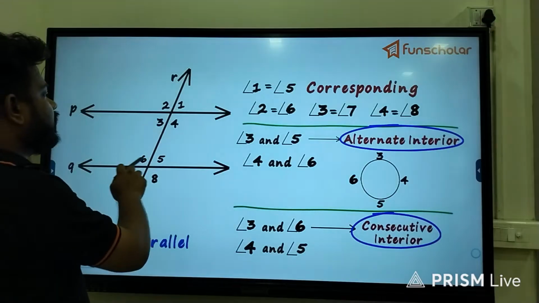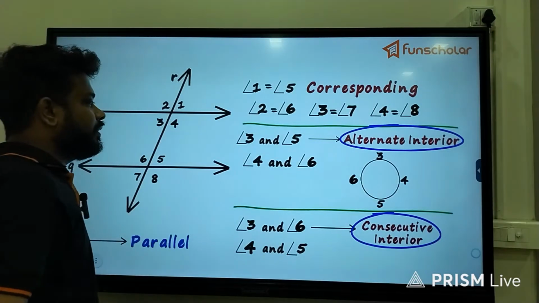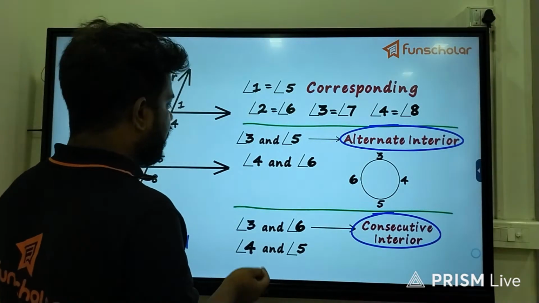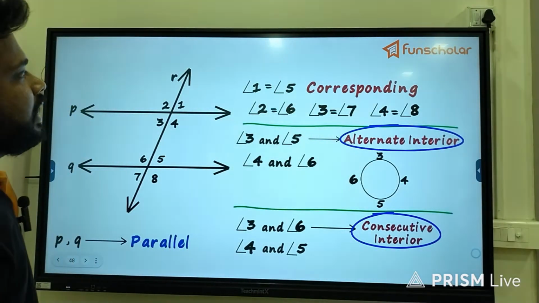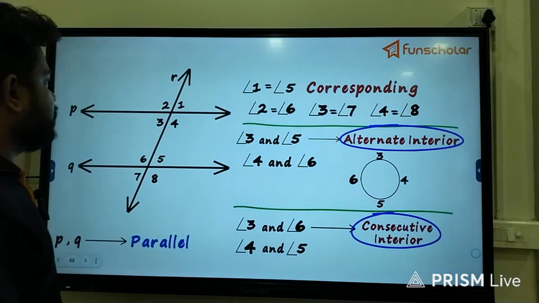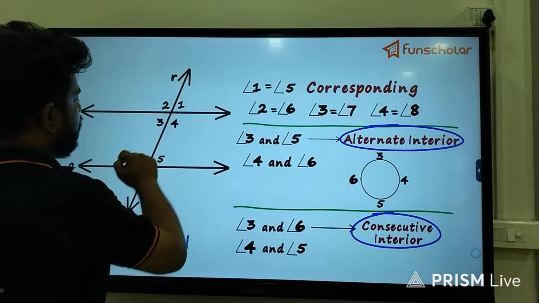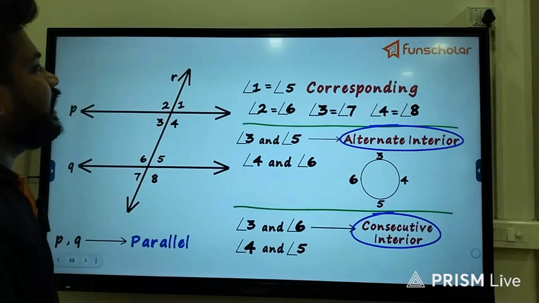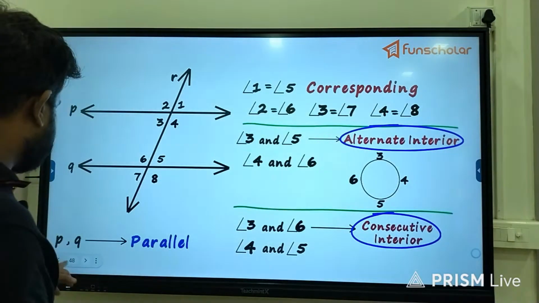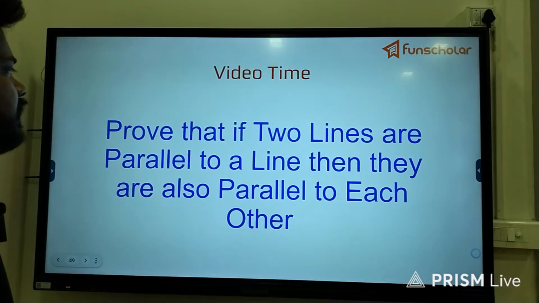Like these all are the interior angles, 3, 4, 6, and 5, and 1, 2, 7, and 8 will be called the exterior angles, and 1 and 5 are corresponding angles, like 1 and 4. In a similar way 4 and 8 will also be, and 3 and 7 and 2 and 6 also. So this is just a discussion about this.